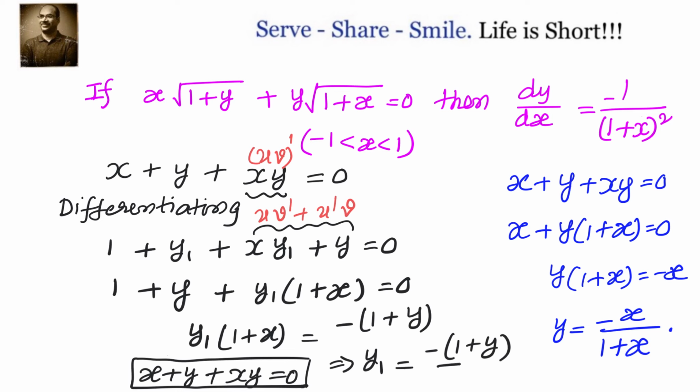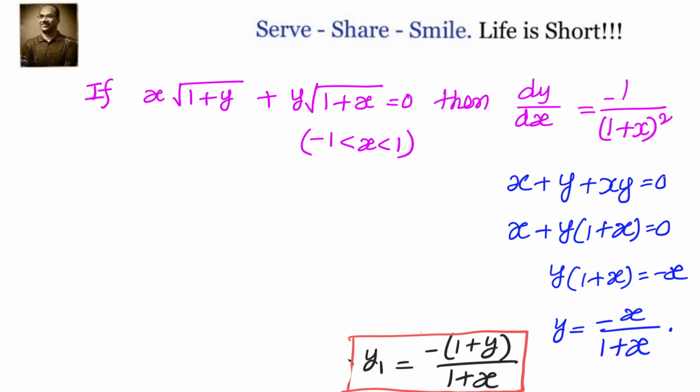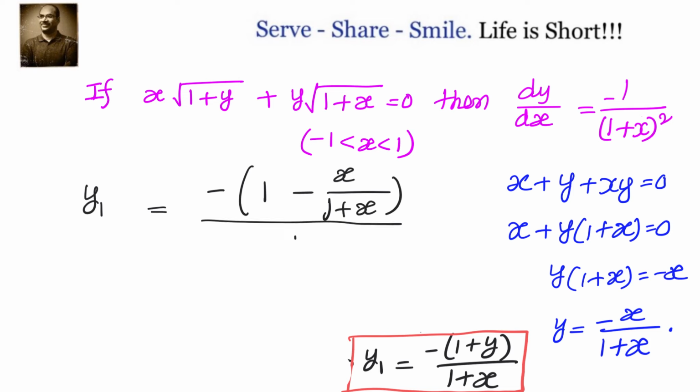Now the last step is to substitute y in terms of x and we get our answer. We know y = -x/(1+x). Then what is 1+y? Now let's write y1 = -(1+y)/(1+x), but y is -x/(1+x). Let us simplify this.